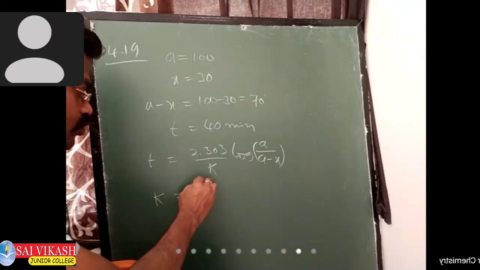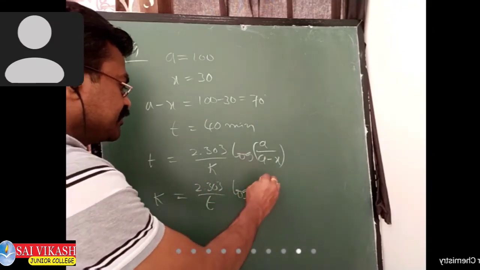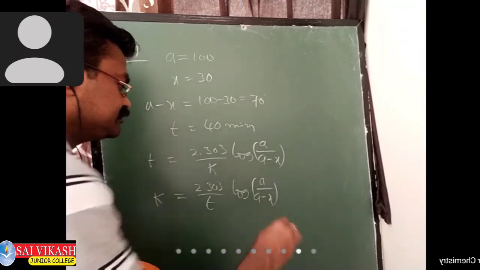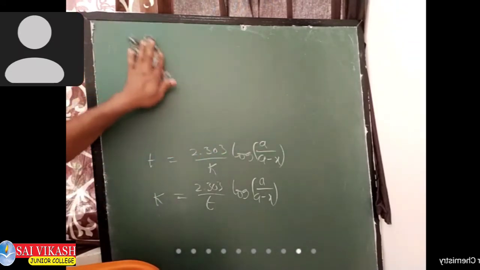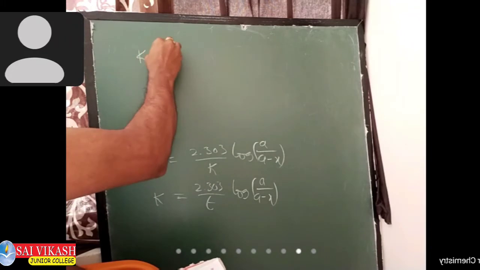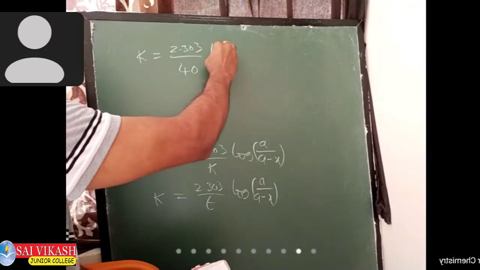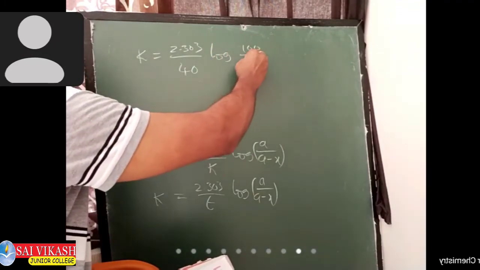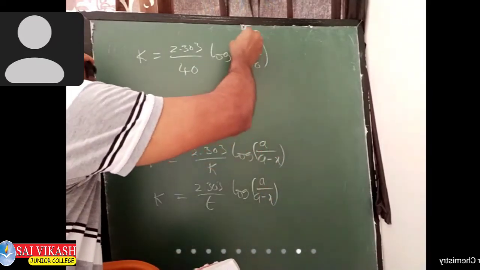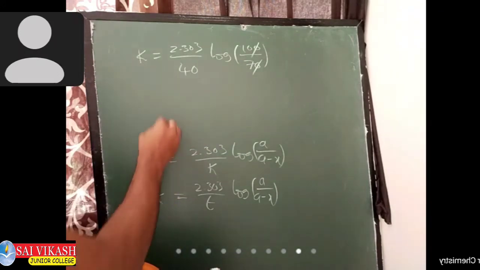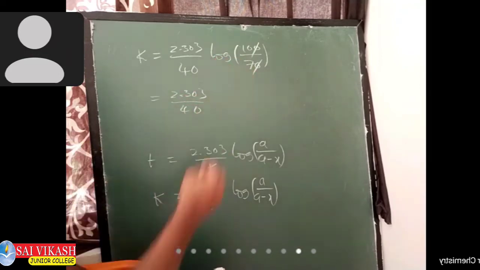Therefore K equal to 2.303 by T log of A by A minus X. Substitute all the values: A value, T value, X value. K equal to 2.303 by 40 minutes into log of A 100, A minus X we got as 70. So you will get 2.303 by 40 log 10 by 7.